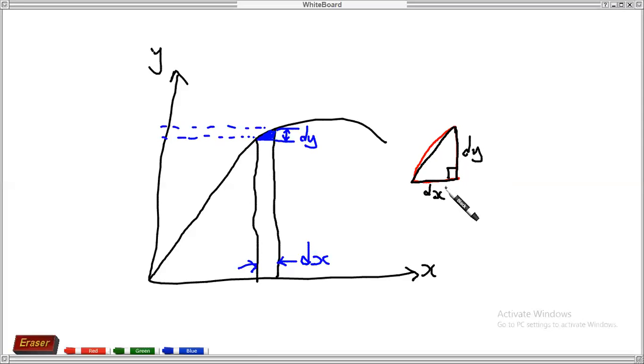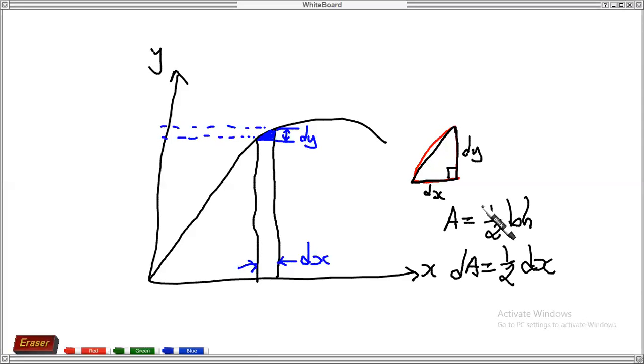Now, when you're finding the area of a triangle, it is usually half base times height, isn't it? Yes. So in this case, this small area, dA, is equal to half again, instead of the base I'm going to have dx, and the height will be dy.